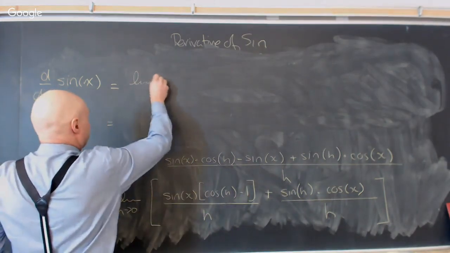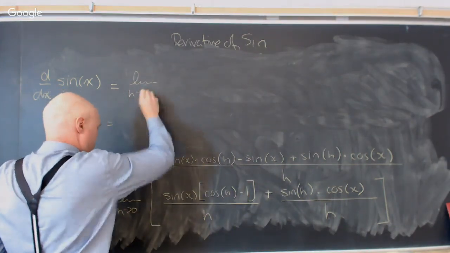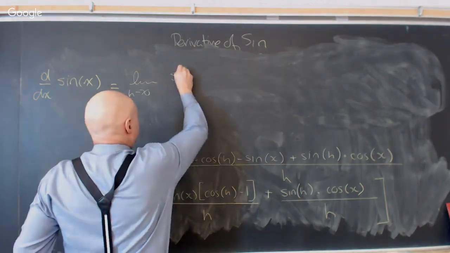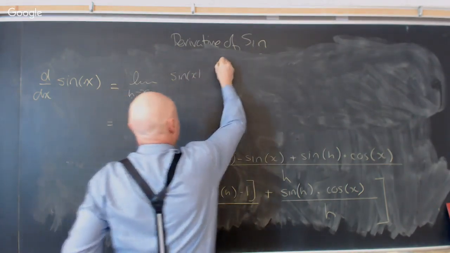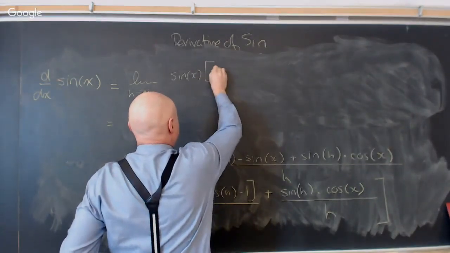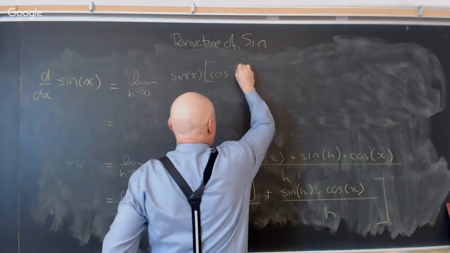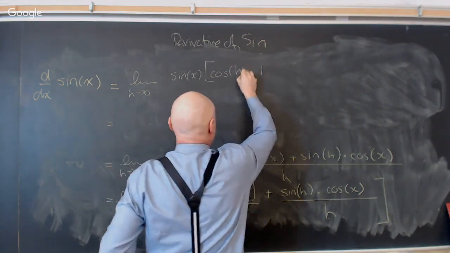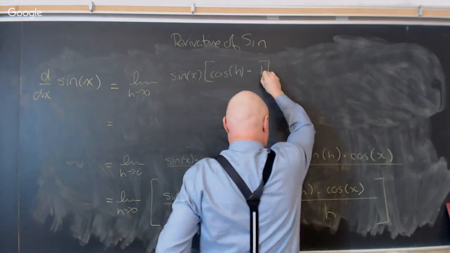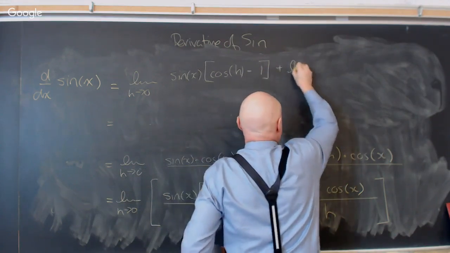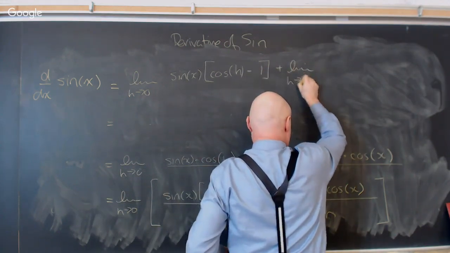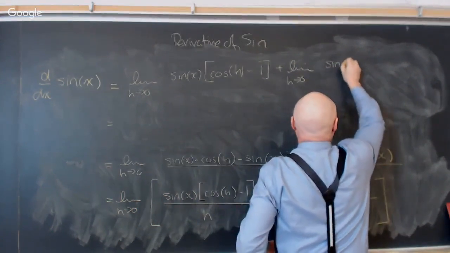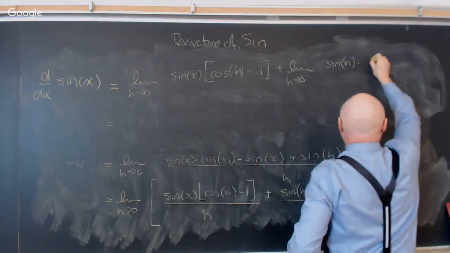So this is the limit as h goes to 0 of sine of x times cosine of h minus 1, plus the limit as h goes to 0 of the sine of h times cosine of x.